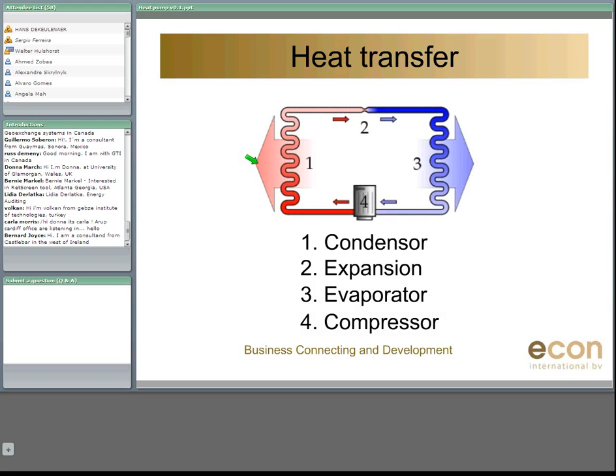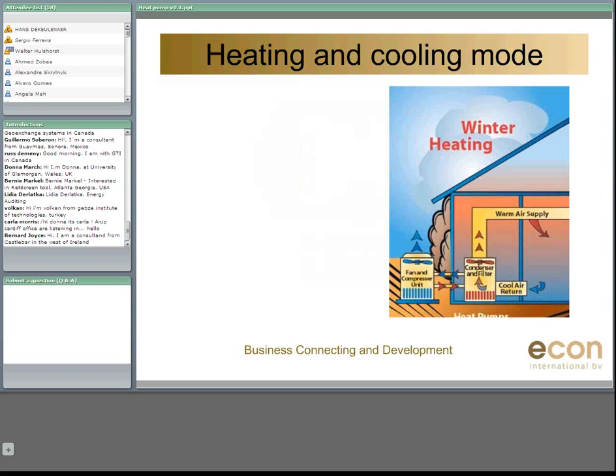On my next slide I will tell you something more about the modes which can be used for the heat pumps. During winter, you will need a heat pump just for heating your house, of course. You will collect some cold air from the outside, but even cold air does have some warmth.